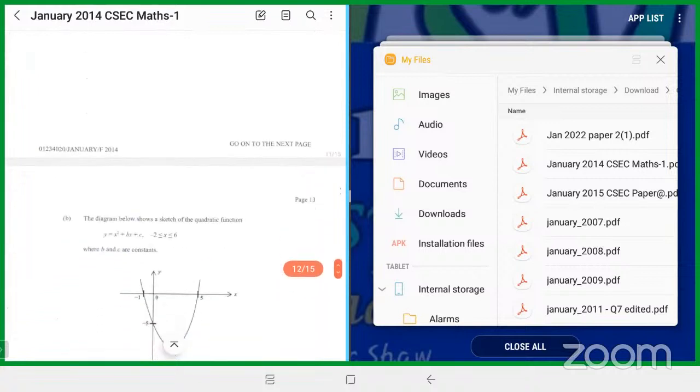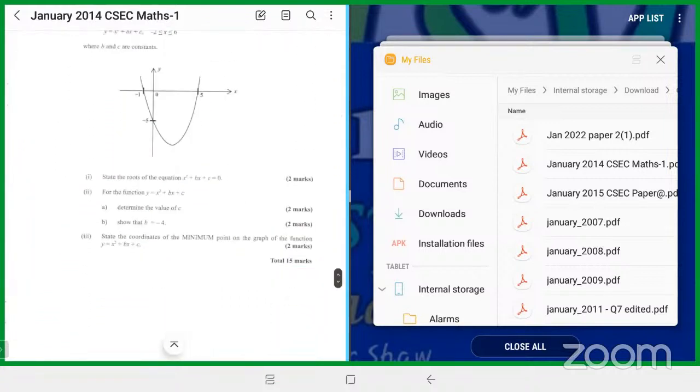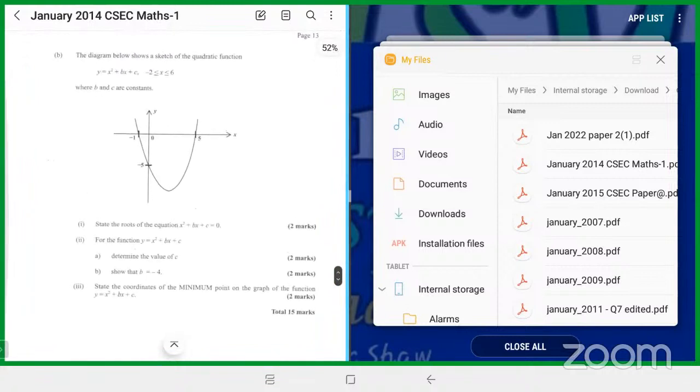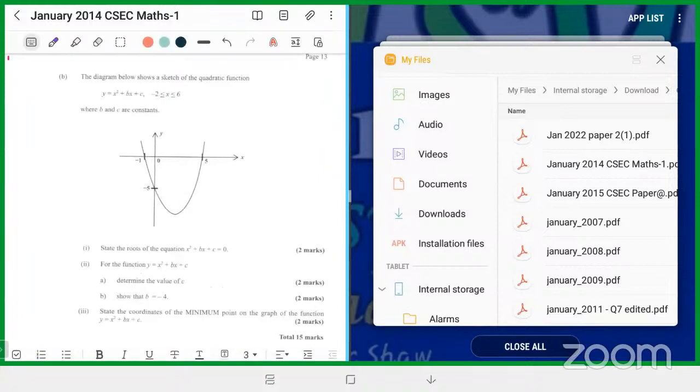Let's see if there's any here. It's a quadratic, you know. This question is a quadratic, but it has some stuff on it that we have not done as yet. This one is asking us to calculate b and c. This is something we're going to do next week, not tomorrow, next week, which is finding the function having been given the roots.